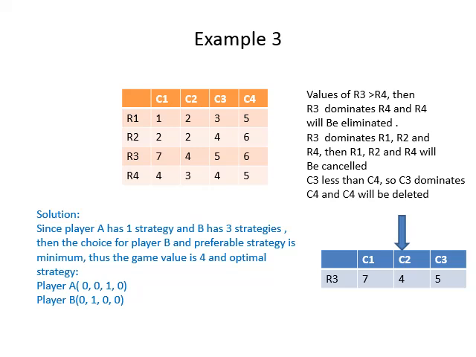Thus the game value is 4 and the optimal strategy for player A is 0 0 1 0. For player B, because he chooses strategy 2, then 0 1 0 0.